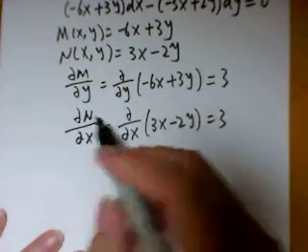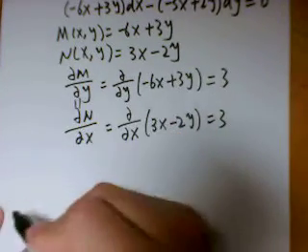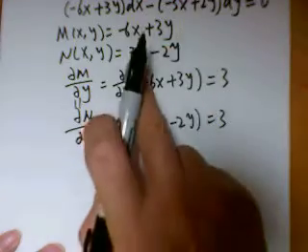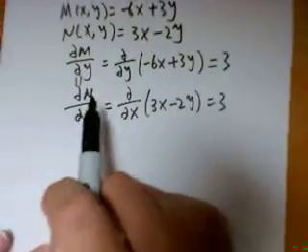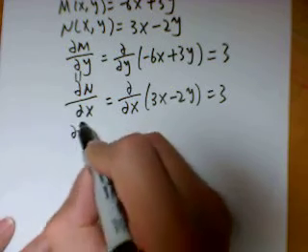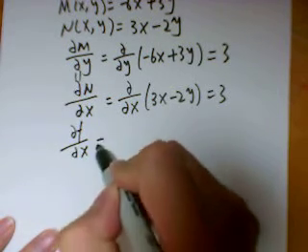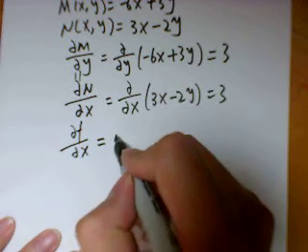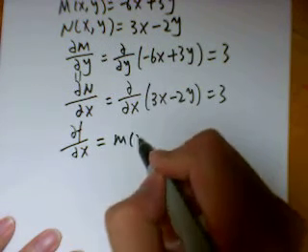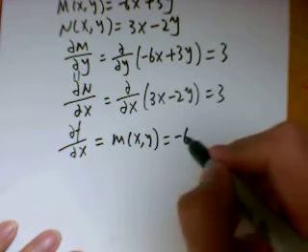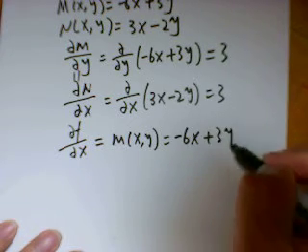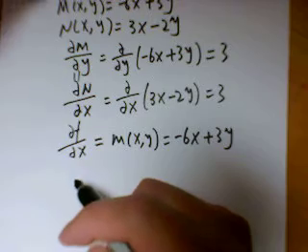Okay, so these two equal each other. That means it is an exact equation. If it's an exact equation, then everything will be very straightforward. Let this guy equal M, and that equals negative 6x plus 3y.